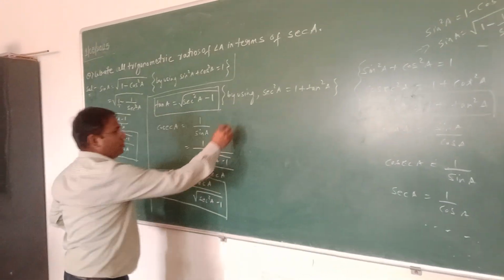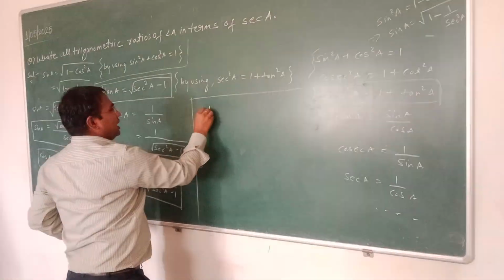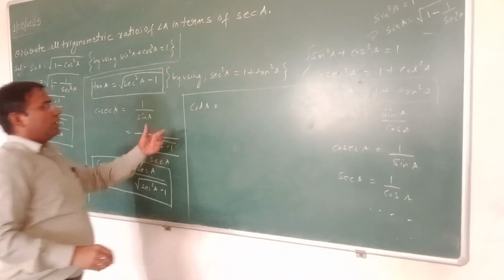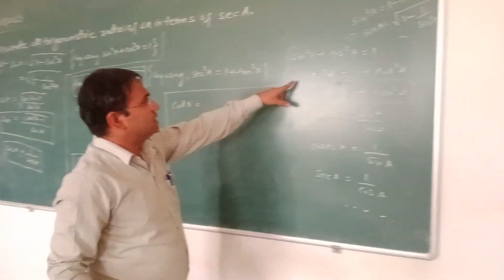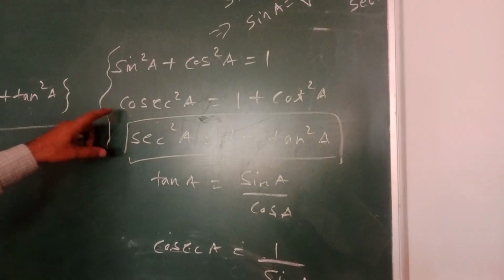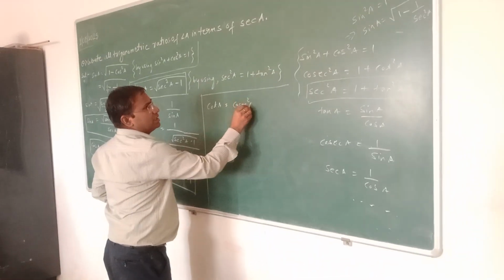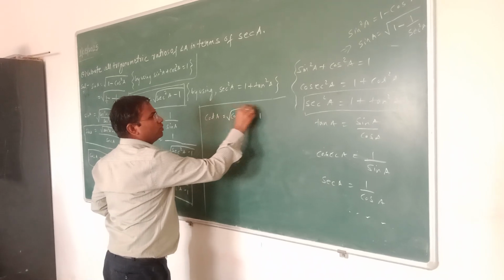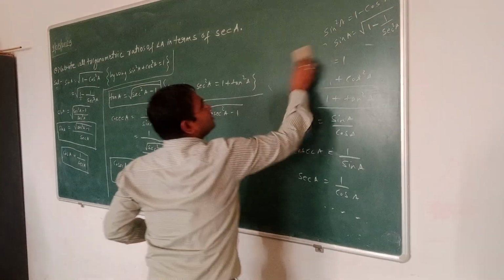Now finally, what is left? Cot A. So cot A can be written as what? See this identity.